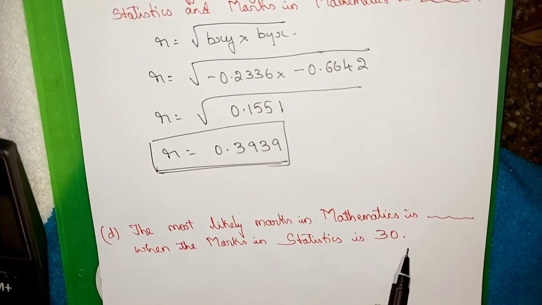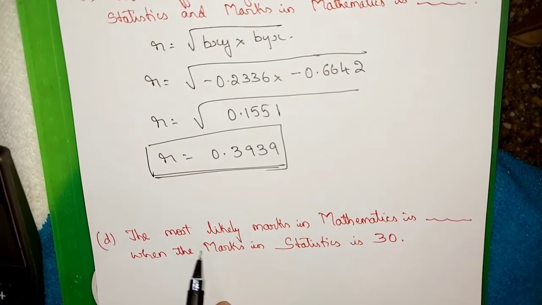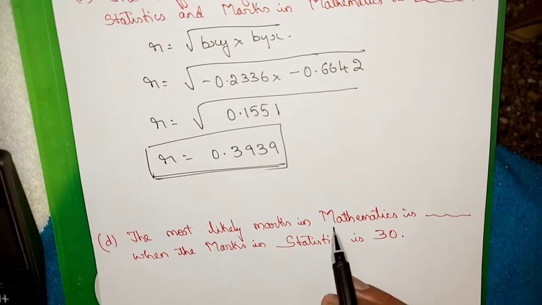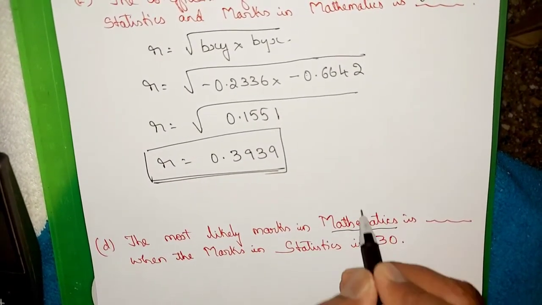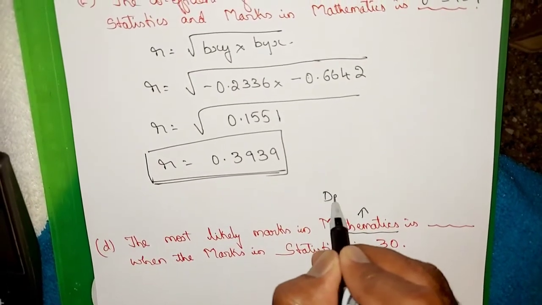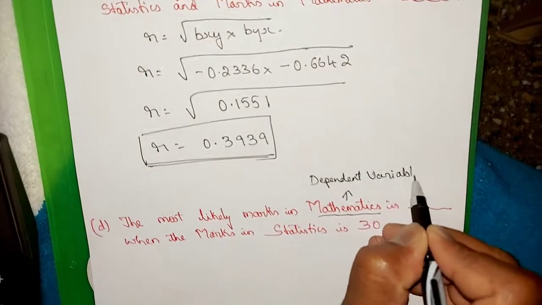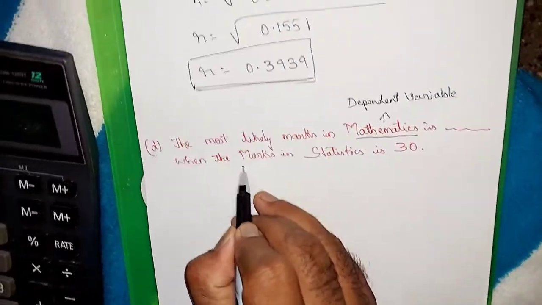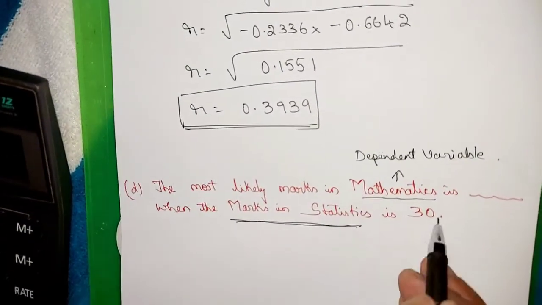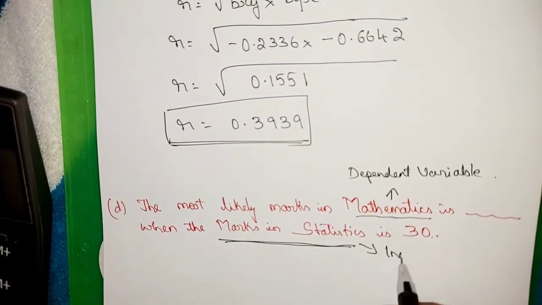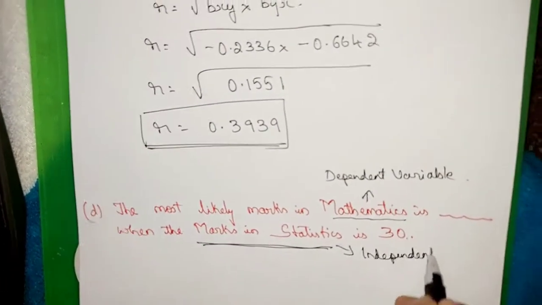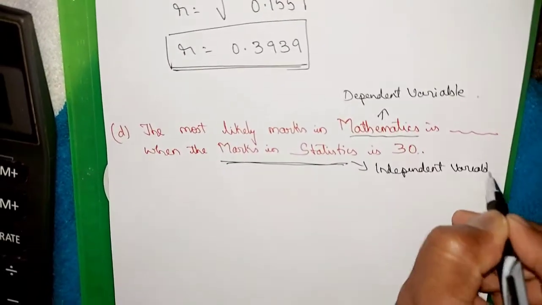in statistics is 30. Therefore, we have to find out the value of one variable, that is maths, which is unknown. This unknown variable is called the dependent variable. When the value of another variable is known, that is statistics, this is called the independent variable.